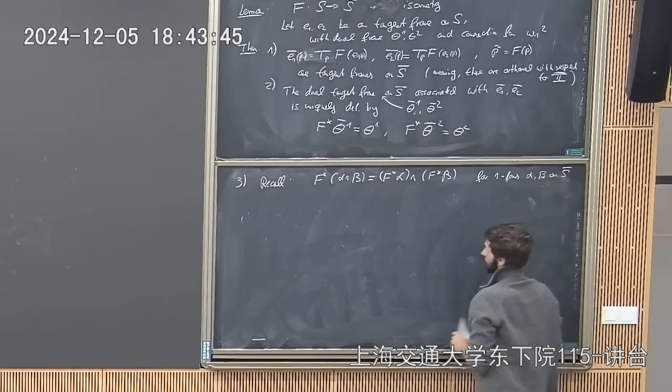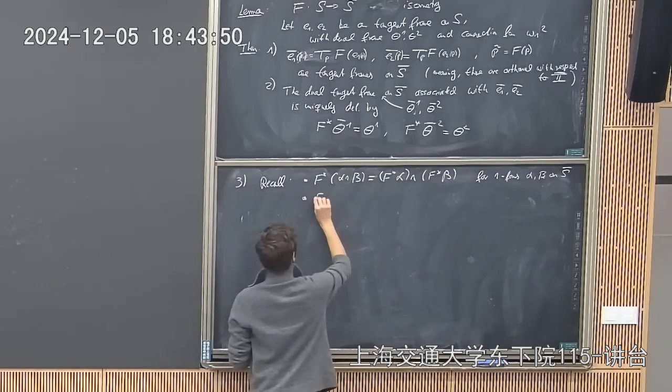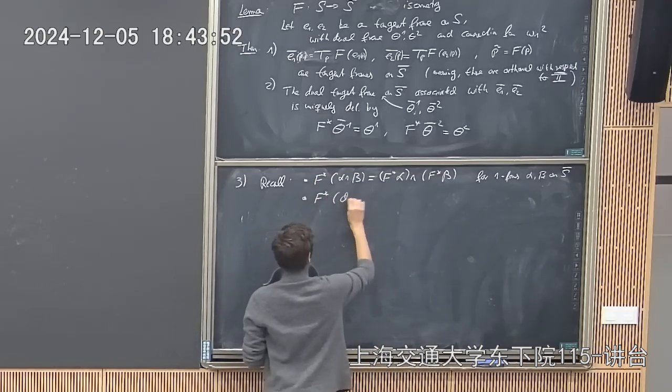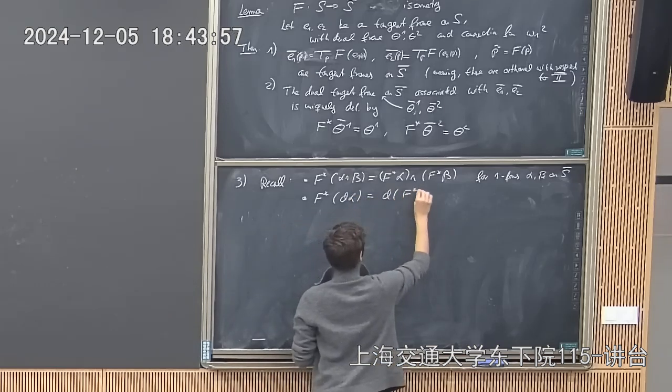So that was one result that we learned, and another one is that the pullback of d alpha equals d of the pullback of alpha.